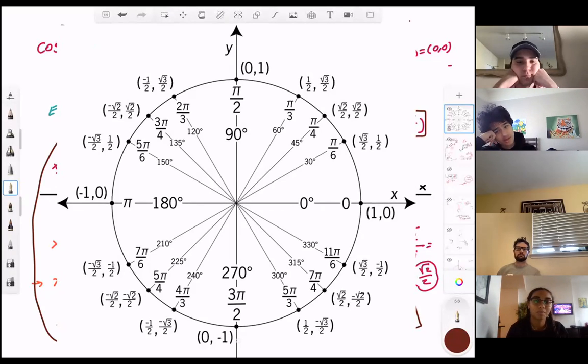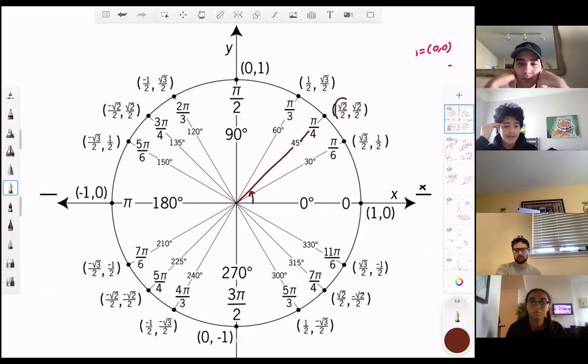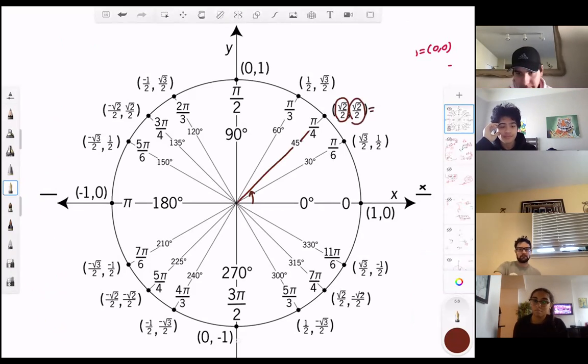All of you should have this. Where is 45? 45 degrees right there. This much is 45 degrees. Radical 2 over 2, radical 2 over 2. This is cosine of 45, comma sine of 45.